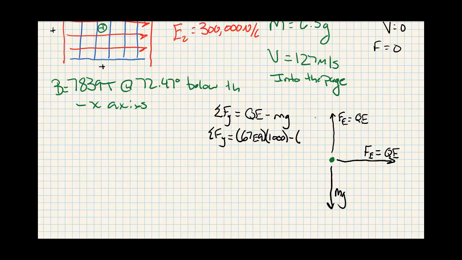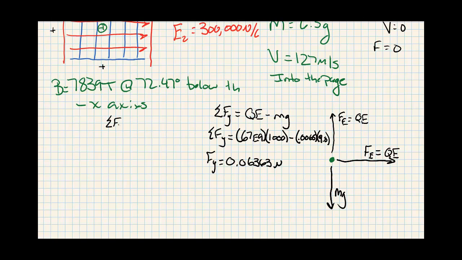So 6.5 grams is 0.0065 kilograms times 9.8, which is g. So our sum of forces in the y direction ends up being 0.06363 newtons, or thereabouts.